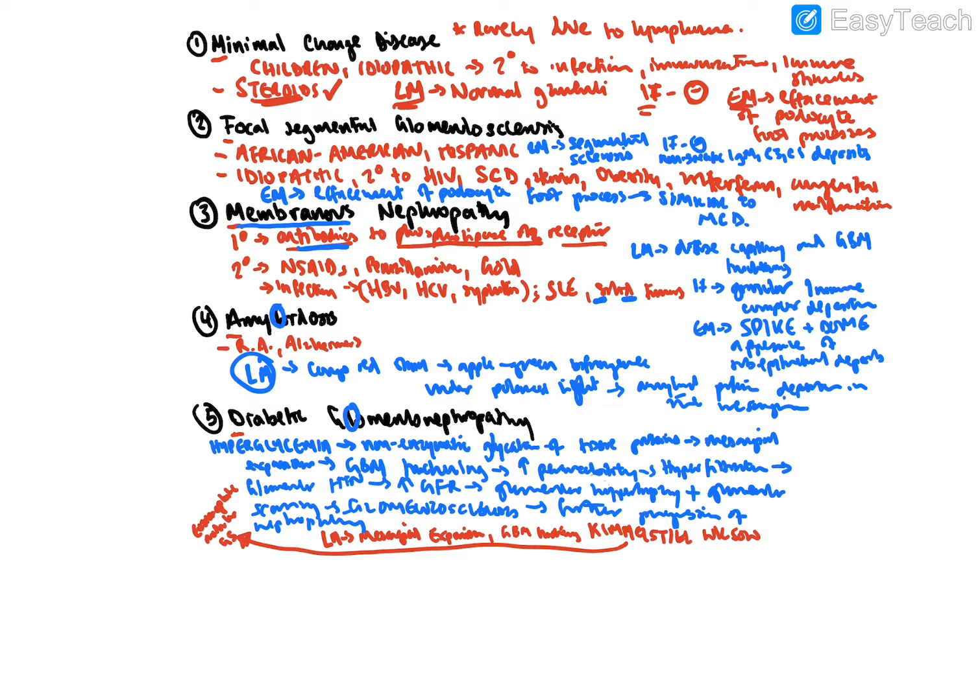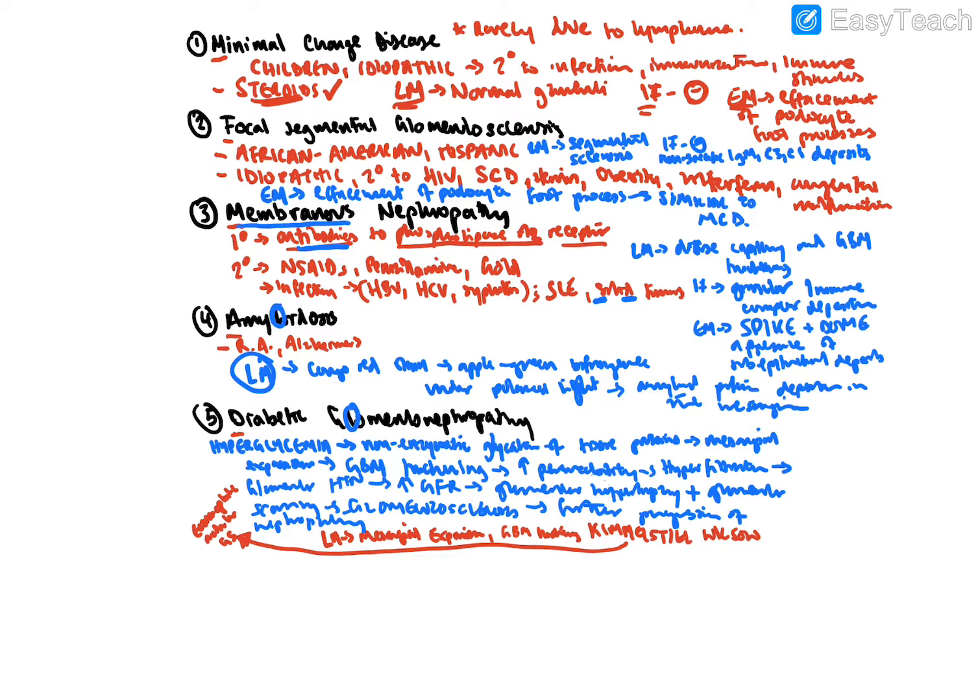So what will happen? Sugars don't need enzymes; they're the boss, so they cause non-enzymatic glycation of tissues. What does that cause? That causes mesangial expansion. Mesangial expansion causes glomerular basement membrane thickening. Once that thickens, you have increased permeability, which results in hyperfiltration.